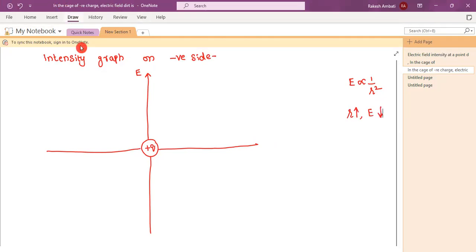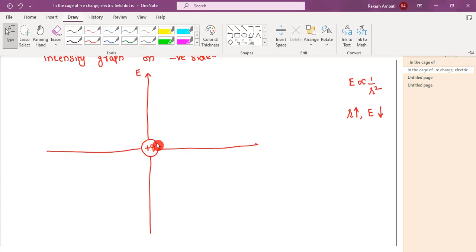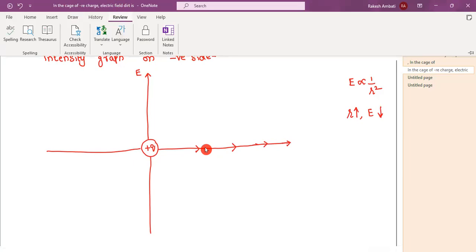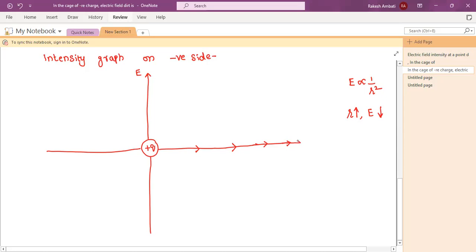Second point: in the case of positive charge, the electric field is away from the positive charge. So as the distance increases, intensity gradually decreases.